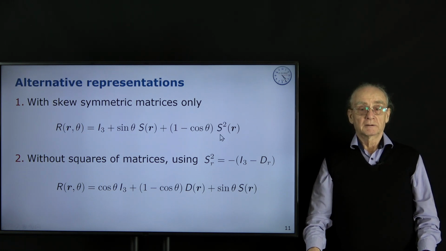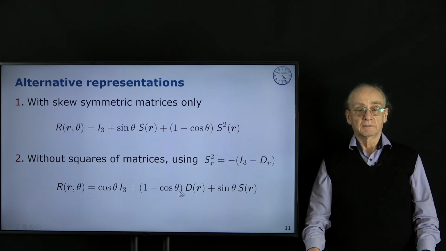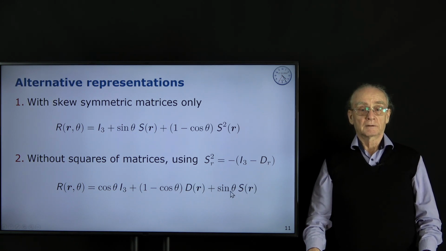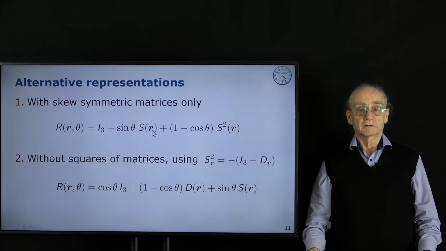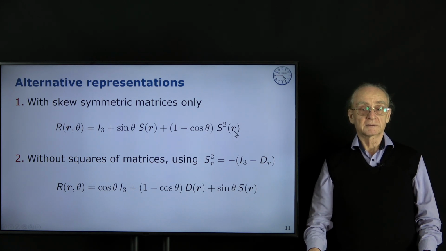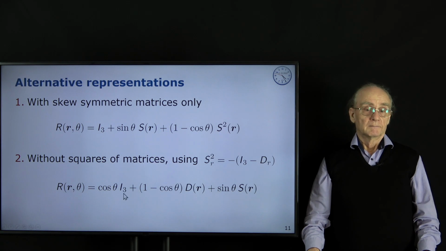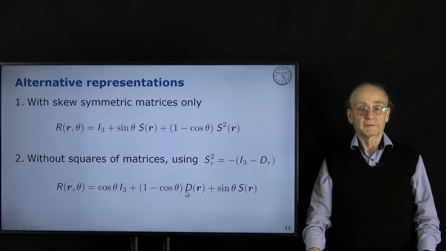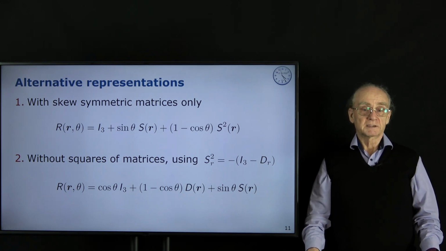If this holds, we can take S_R squared to be minus I minus D, and rearrange the terms and get here a symmetric part with the unit matrix and the D matrix, and the unsymmetric part with the skew-symmetric matrix S. So the sine theta S_R part stays the same, and the I plus something times S squared is replaced by some factor multiplied with I plus something multiplied with D. So this is the symmetric part. This is just a simple rewriting.